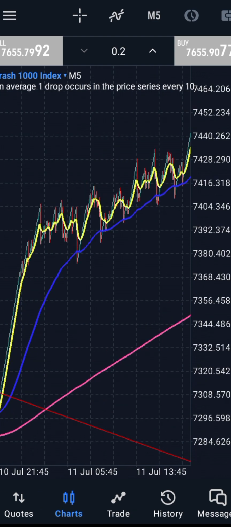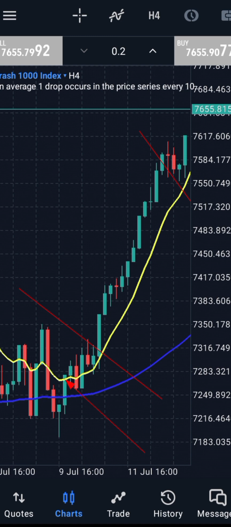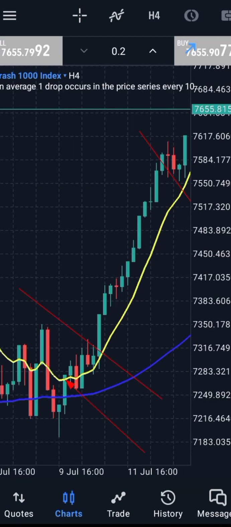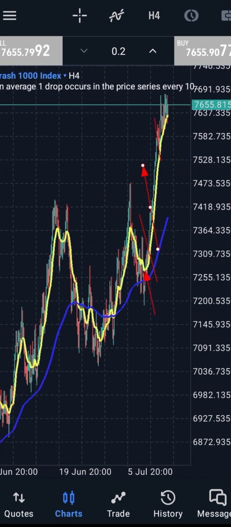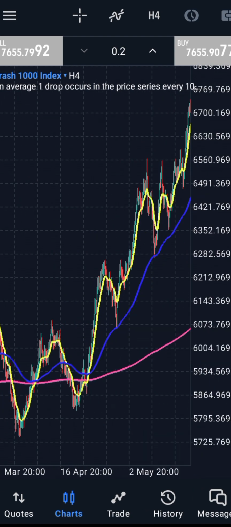Now what I mean is that if you head up to the higher time frame of the 4 hours, you can see here that the market is in an uptrend. You see, this Crash 1000, the market is in the uptrend because the market is above the pink indicator I talked about.